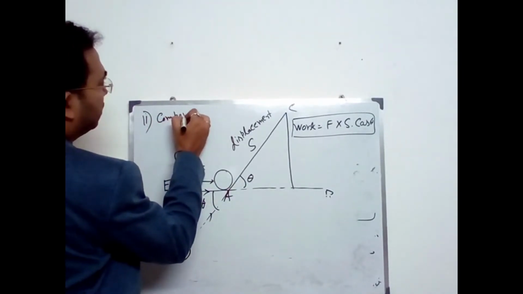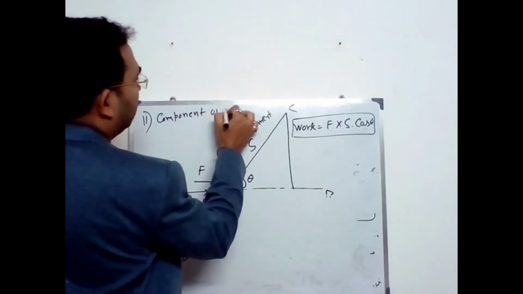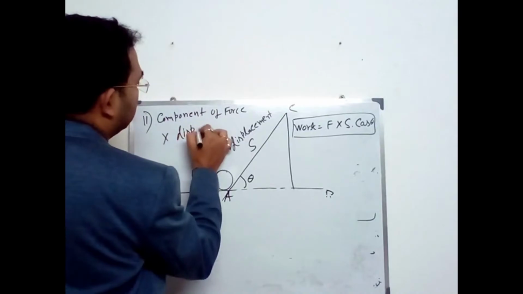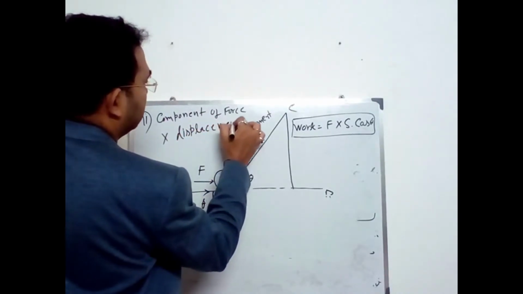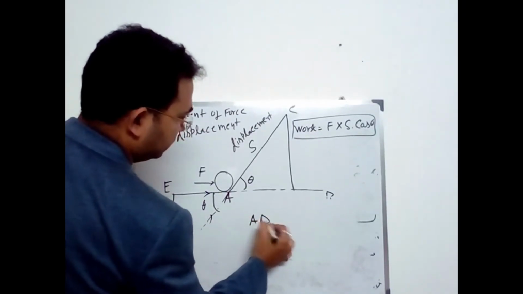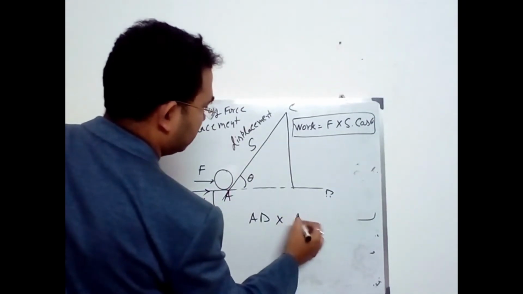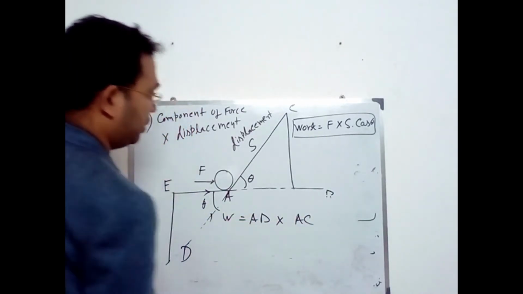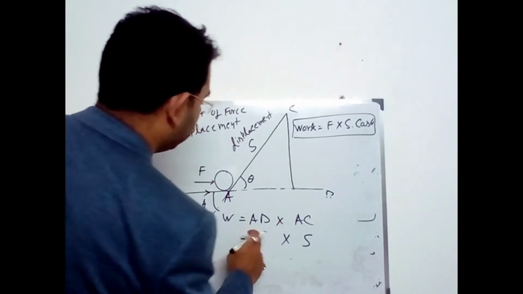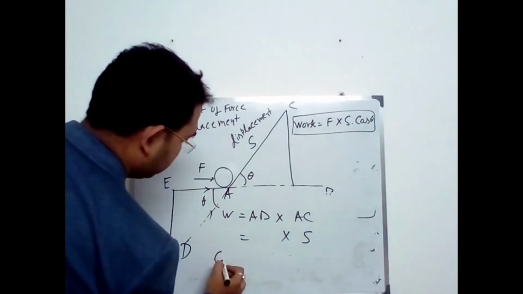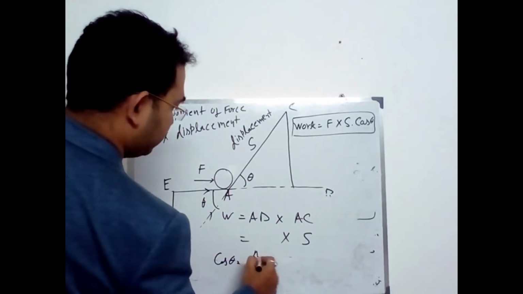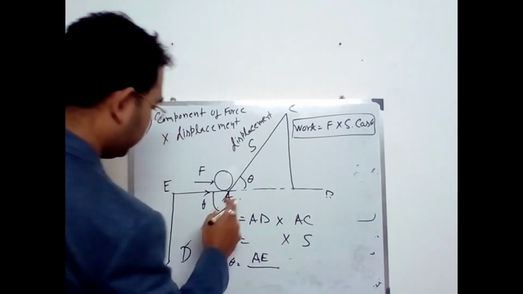তো এটার ক্ষেত্রেও আমরা কি দেখব, কি বললাম, component of force into displacement. So component of force হচ্ছে AD আর displacement হচ্ছে AC, work done. তো AC হচ্ছে S, AD ভ্যালু জানি না, সেম cos theta equals to base by hypotenuse, তো AE by AB.